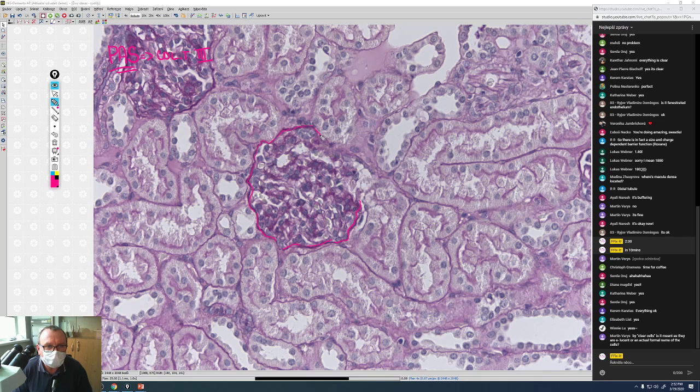It's very thick basement membrane, and you can see that some thinner lines, thinner basement membranes, are also in the renal corpuscle inside.